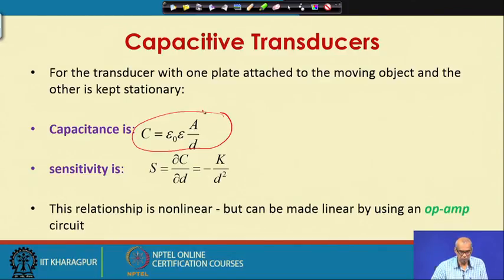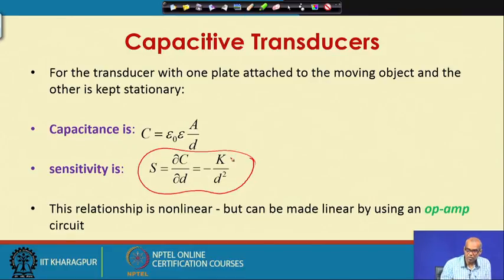Output from the capacitive transducer is capacitance and the input is, let us say, the distance between these two plates. So, a measure of sensitivity will be change in capacitance with respect to change in distance between these two plates. The measure of sensitivity is del C del D.